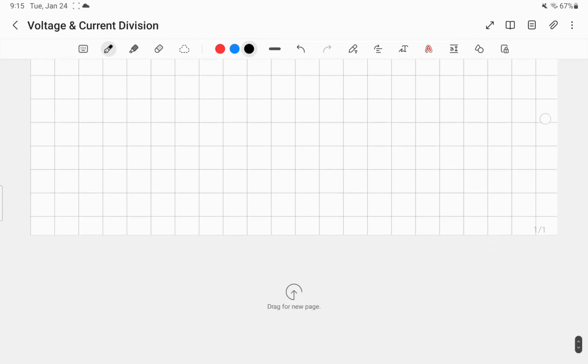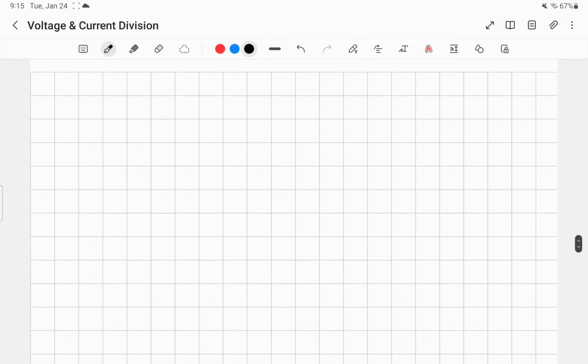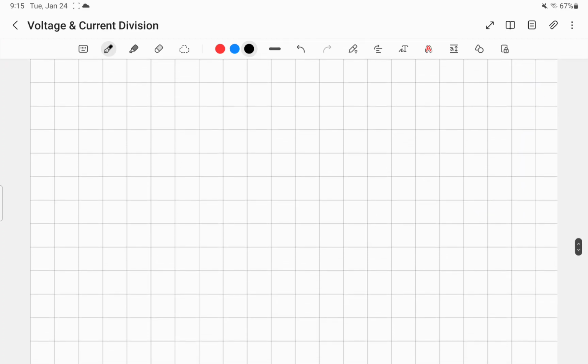Now I'm going to challenge your understanding of that a little bit. I'm going to draw a circuit and ask you a question. Pause the video, think about it, and then I'll work through it. So let's say you have a circuit like this. I have a voltage source and two resistors in parallel.